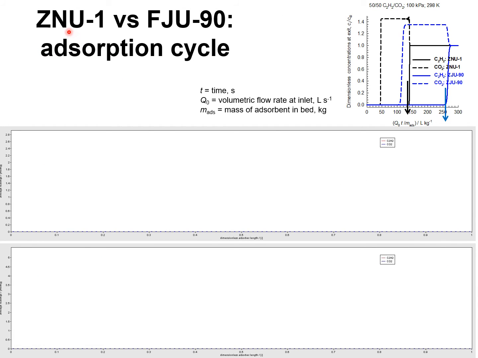For ZNU1 and FJU90, the transient breakthroughs are shown in this graph, where the dimensionless concentration at the adsorber exit is plotted against the parameter Q0T divided by the mass of adsorbent. The black lines represent the simulations for ZNU1, and the blue lines are the simulations for FJU90.